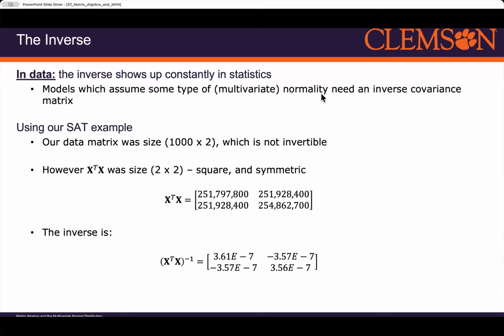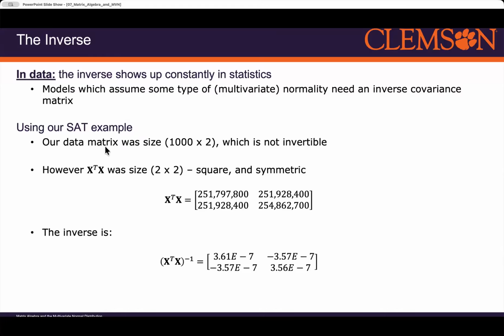We'll need an inverse covariance matrix. Which models assume that? Almost all of them that we're working with. Even in a generalized linear model where your outcome may not be normal, you may have to take a matrix inverse of the predictor side, the X matrix itself.